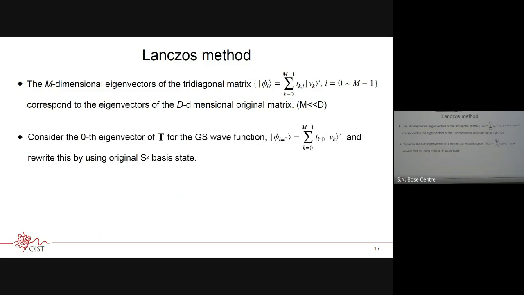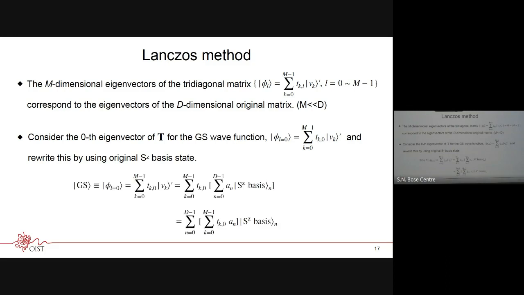For example, to get the ground state wave function, that corresponds to the L equals 0 case, the phi L equals 0 vector. This D k L is actually the coefficient you get from diagonalizing the tridiagonal matrix, and you can rewrite these eigenvectors in the basis of the Sz spin basis.